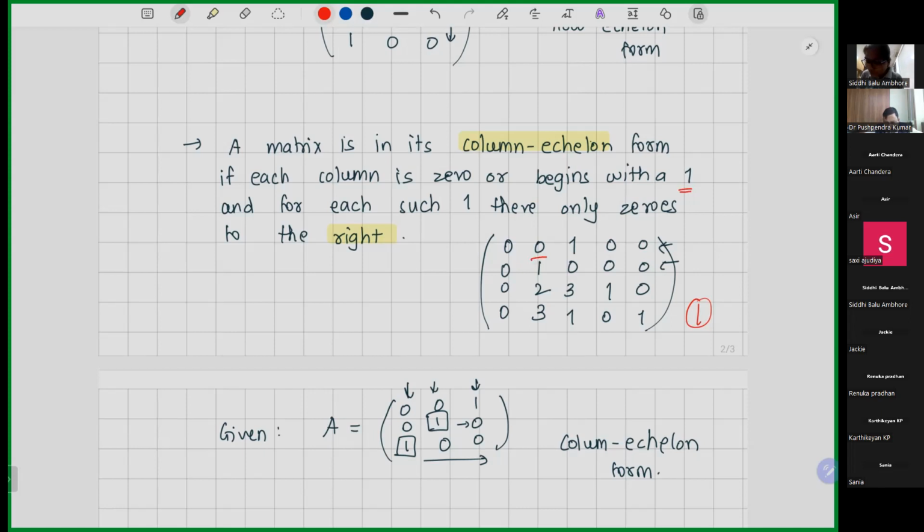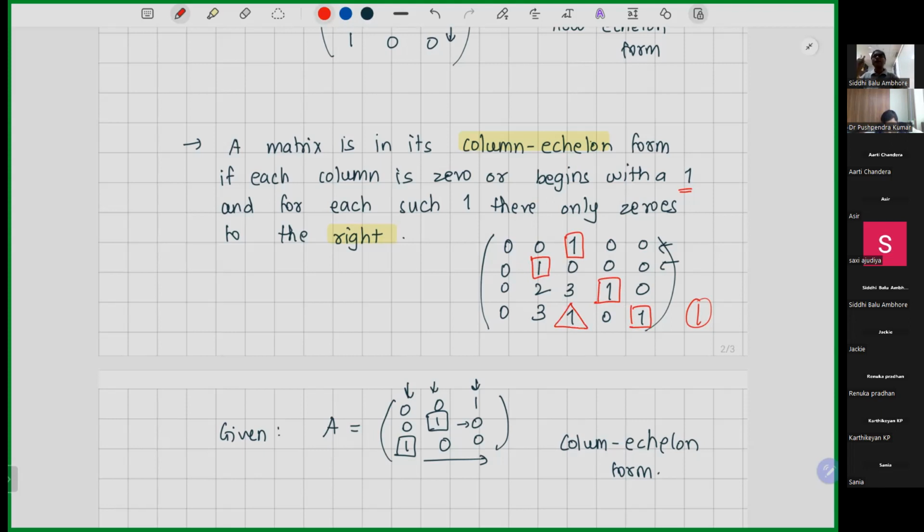So the only elements which are beginning ones are these ones, and everything to the right of this is 0. I don't care about this one here, because this is not my first one of the column.